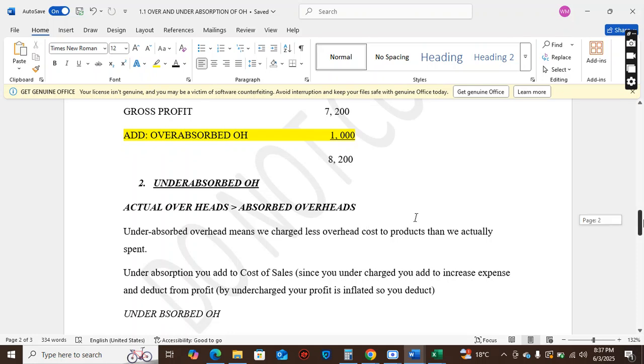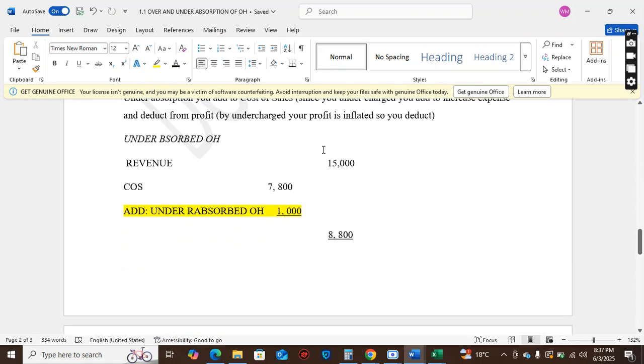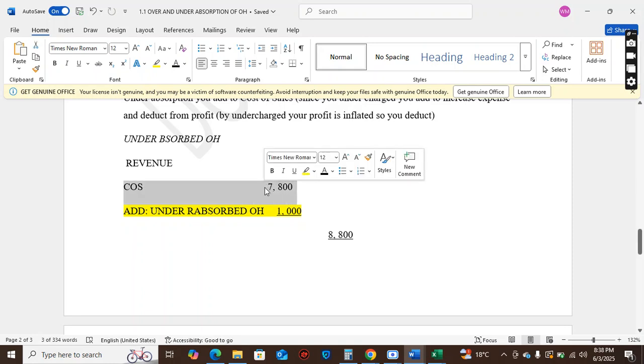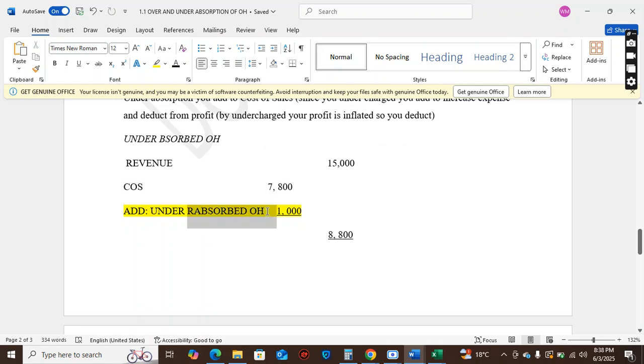So here's a numerical example. All right. So here, in this case, we've under absorbed by 1,000. Our actual overheads were greater than our absorbed overheads by 1,000. So this 7,800, since we under absorbed, is understated basically. So we need to add our underabsorbed overheads so that it reflects the true cost of sales.